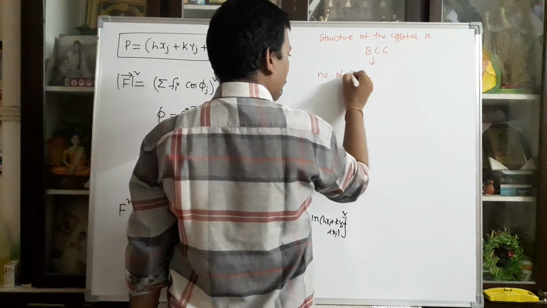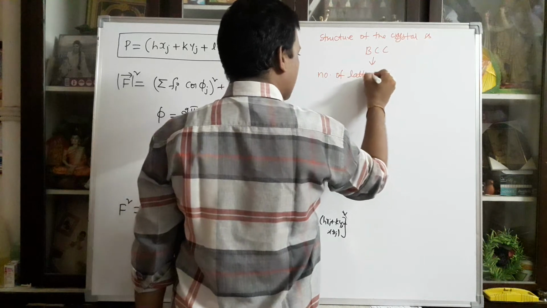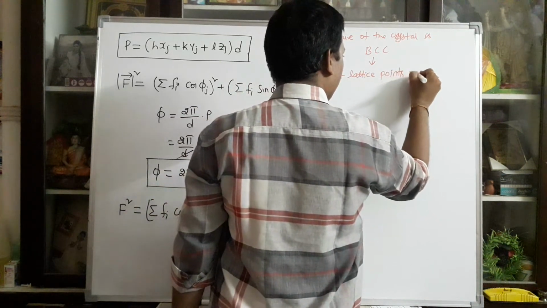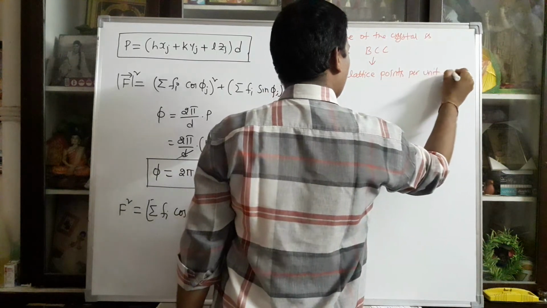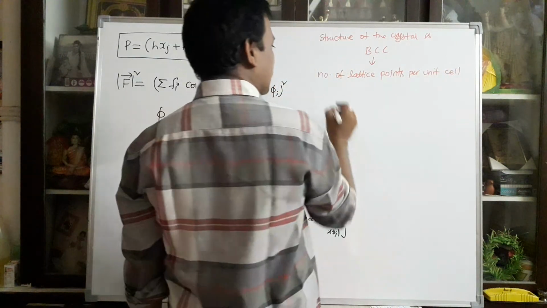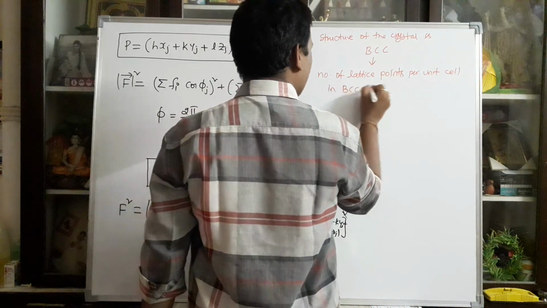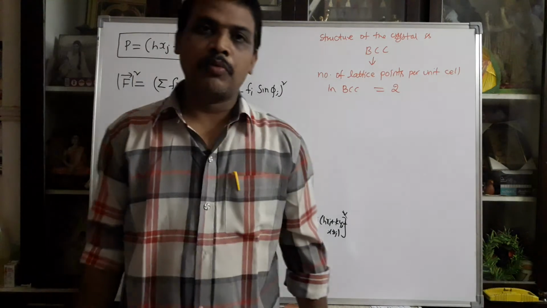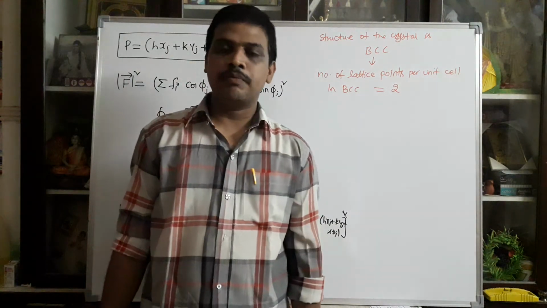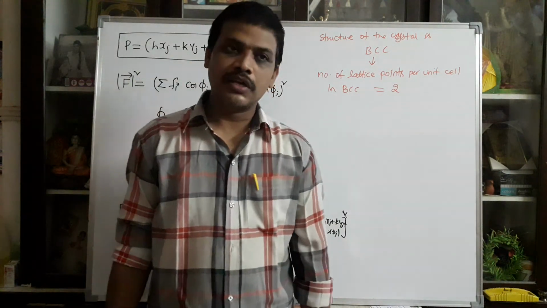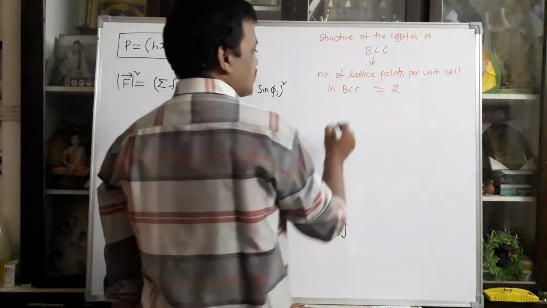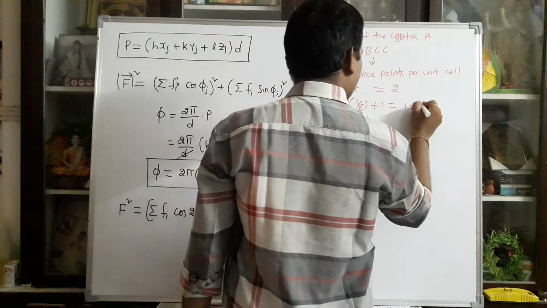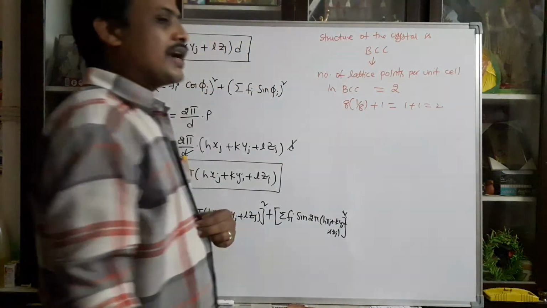The number of lattice points per unit cell in BCC structure is only 2. One is exactly at the center of the body, and 8 corners are each occupied by 1 by 8 portion. So 8 into 1 by 8 plus 1, nothing but 1 plus 1, totally you get 2 lattice points.